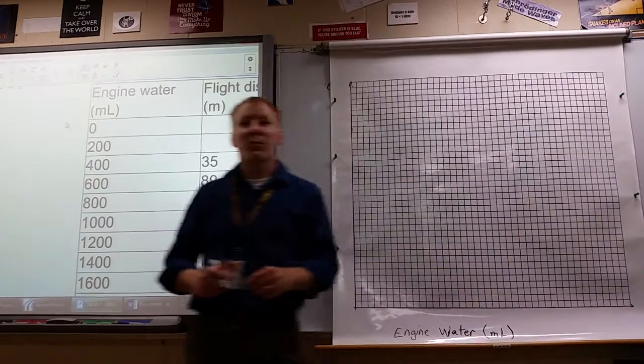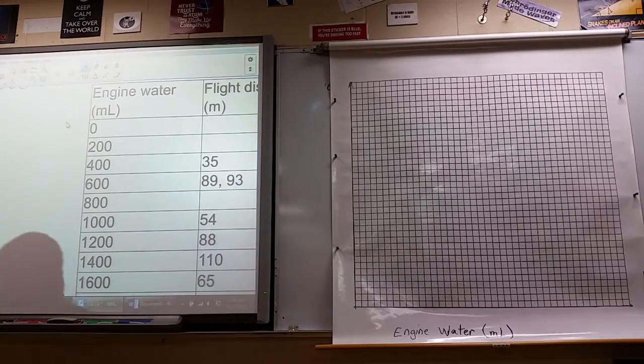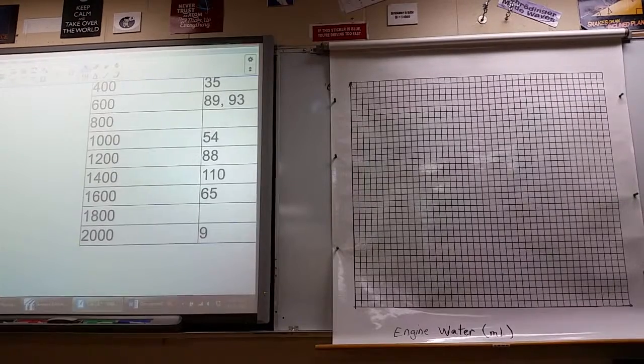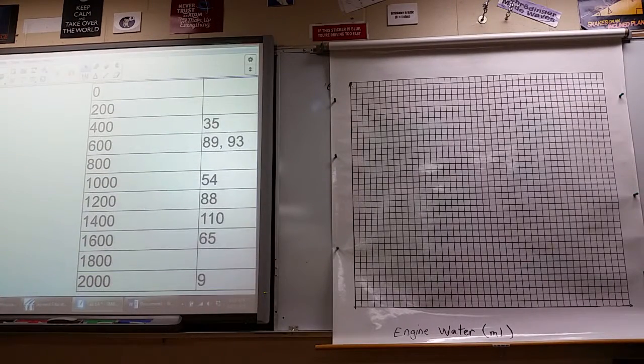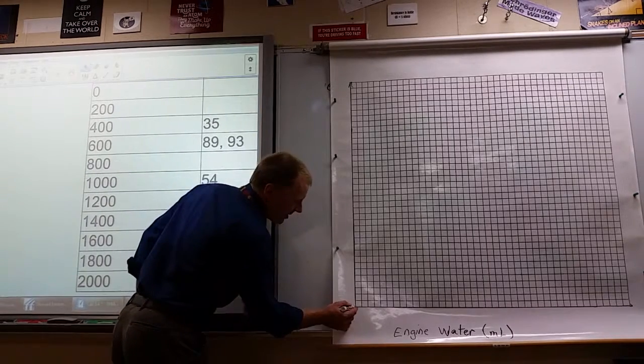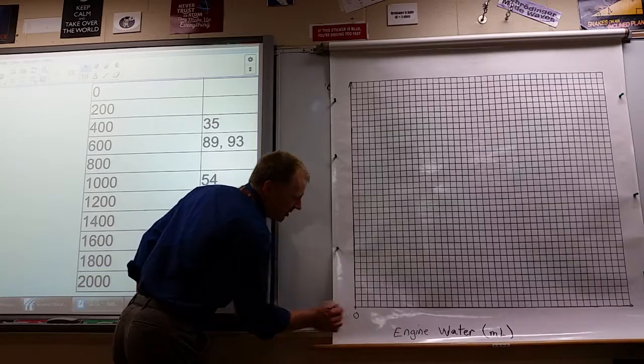I have just over 40, and I go from 0 to 2,000. So each square, I could skip a square, and every other square would be 100. So each square ends up being 50 milliliters. We have to go to 2,000 because our data here goes to 2,000. So 0 to 2,000 for this. The way mine fits, I'm going to start at 0, of course, on the left-hand side, and everyone should.